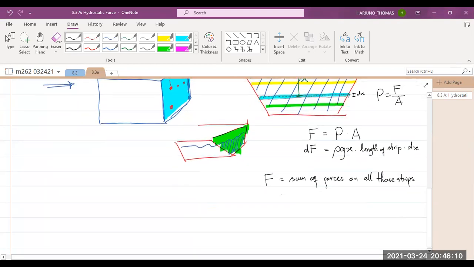Because those are small strips, we will use the integral sign. Okay, rho g times depth, which I used x earlier, times the length for each depth, times dx.